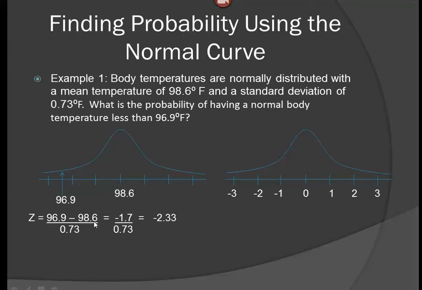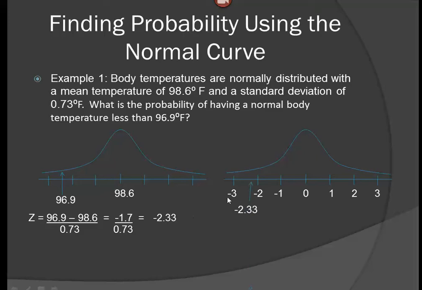Otherwise, you're never going to get the right outcome. Your calculator follows the order of operations, so if you don't put parentheses, the division is only under the second number. And so it's going to do the division first, and then it's going to subtract. But if you put parentheses around the subtraction, it will do that first, and then it will divide that difference by 0.73. So this is what you should get.